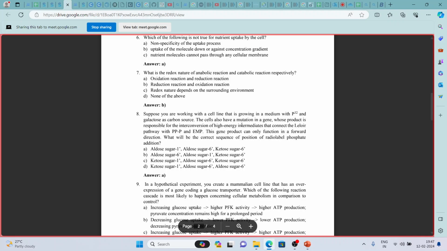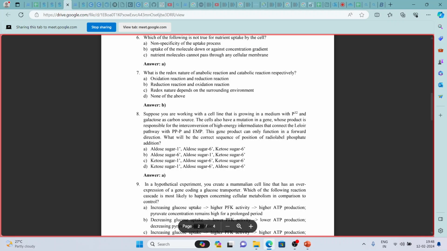What is the redox nature of the anabolic reaction and catabolic reaction, respectively? It is given as a reduction reaction and oxidation reaction. If we look at catabolic reactions, these are basically converting sugars into acids. Sugars have hydroxyl groups, which are alcohols, but acids are oxidized forms of alcohol. When alcohols are oxidized, they form aldehydes or ketones.